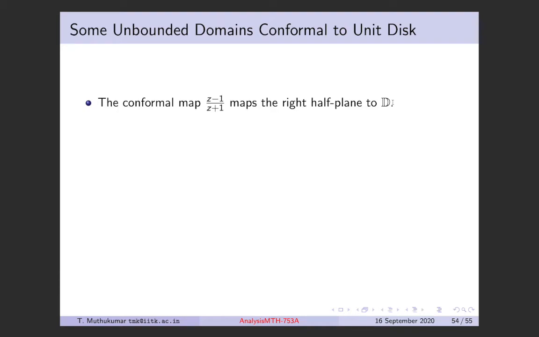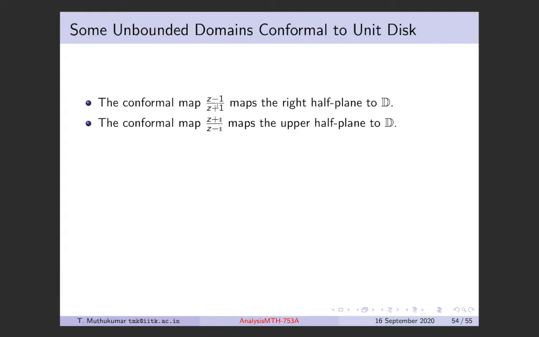Now this is an example of a conformal map which maps the upper half plane to D. How do you get this map? So you see, you have this map from the right half plane to D, and you know that if I rotate the right half plane counterclockwise by an angle of pi by 2, I get the upper half plane.